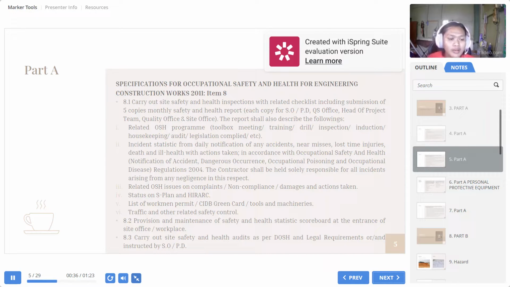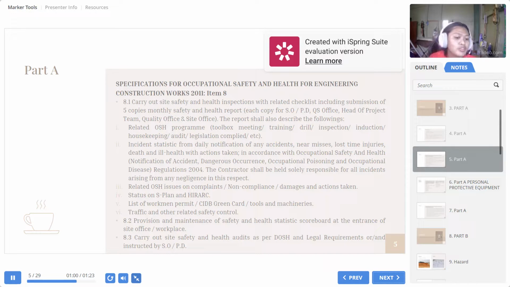They must prepare the report with the related OSH programs and the incident statistics for early identification of incidents. Any accident, even near misses, anything that might injure the workers, they must put in the report also.